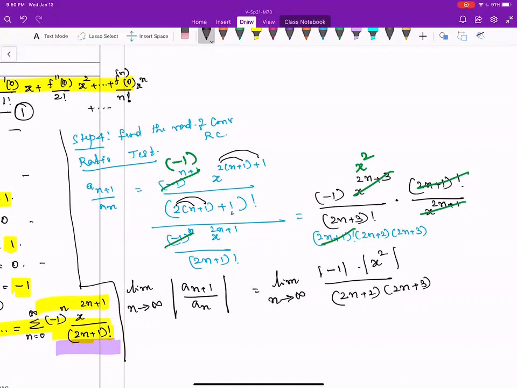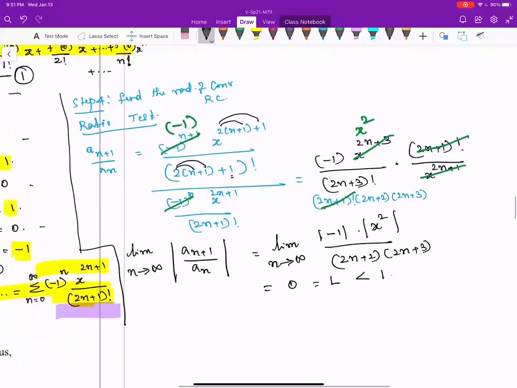As n approaches infinity, the denominator would approach infinity. So irrespective of the value of x, this limit is going to be 0. So by the ratio test, the limit equal to 0 is less than 1, so it converges for all x.